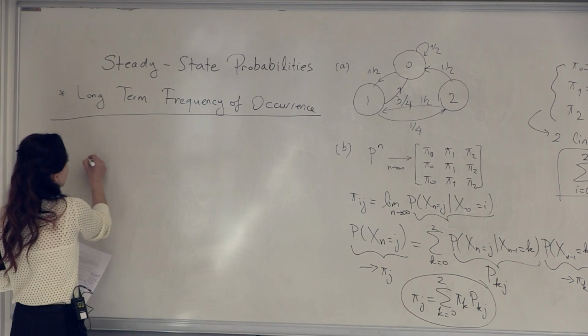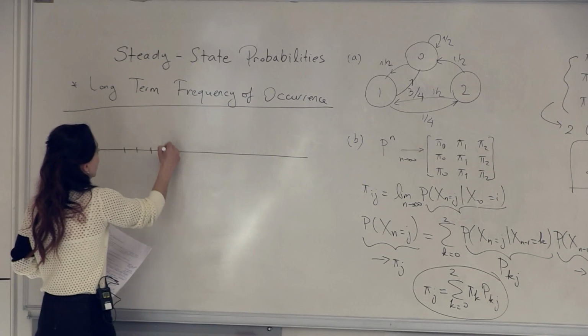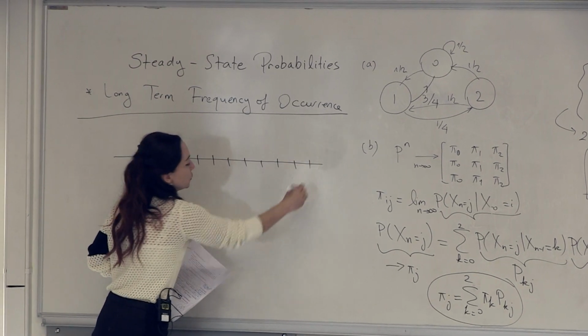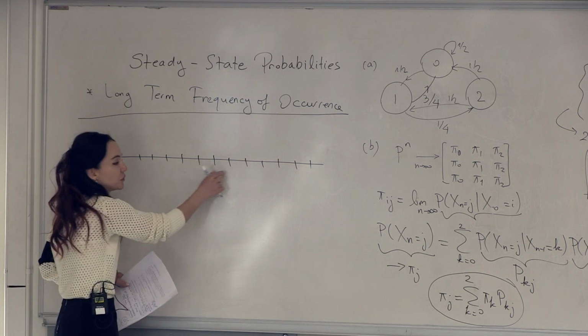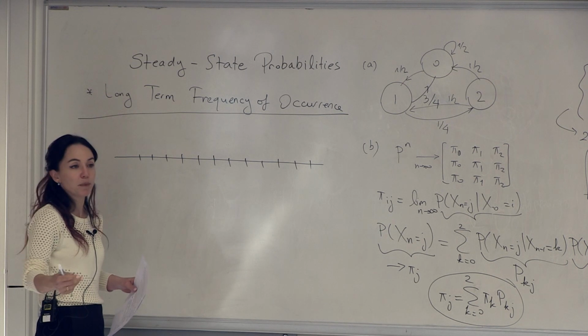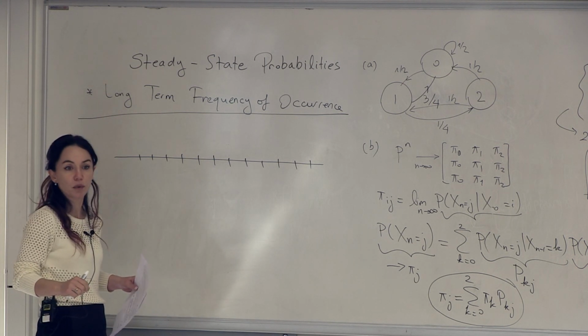Consider watching the Markov chain unfold and go through various states in time. Suppose I observe every transition. How often is a particular state visited? How often is state 1 visited, for example?